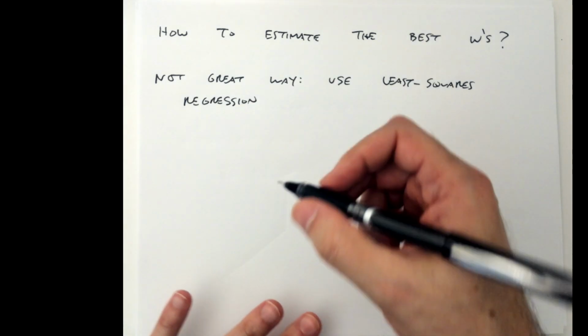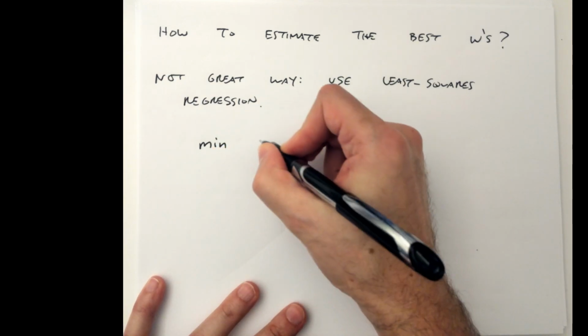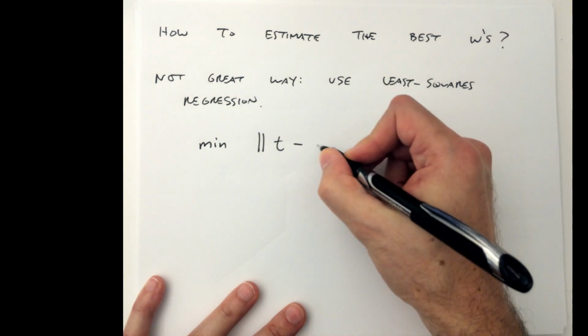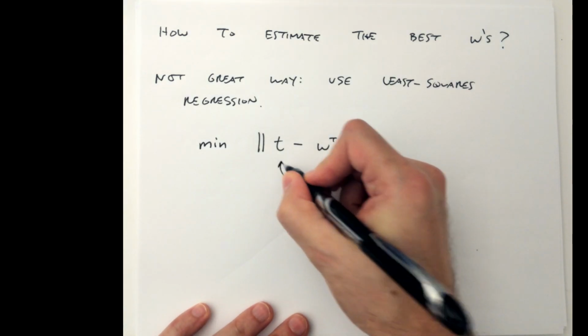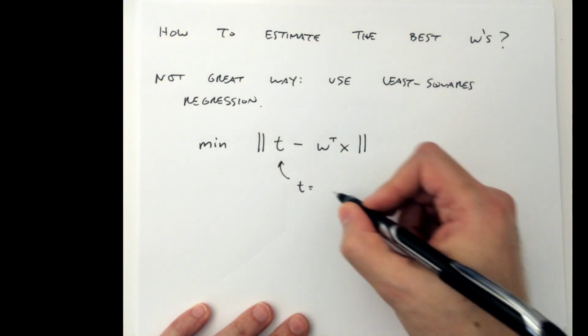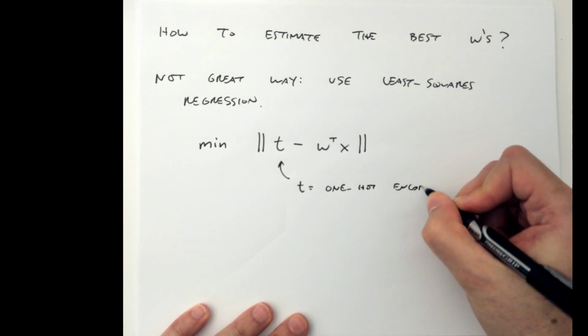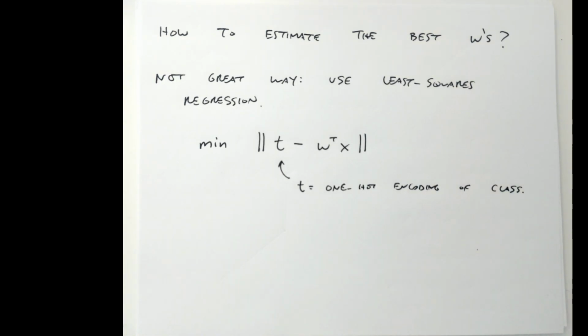Meaning that I could try to minimize the sum of the squares of target values minus linear functions, where this t is equal to some one-hot encoding of the class. What do I mean by that, right?